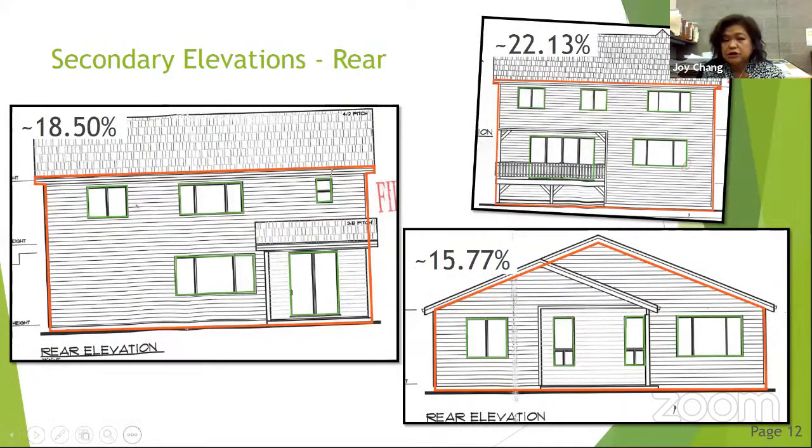The rear elevations are showcased here on this slide because sometimes there could be lots that are double frontage lots, meaning they have access at the front and the back from a public right of way. So these are rear elevations, and as you can tell, the rear elevations can definitely meet the 10% standard that is proposed by the Planning Commission.